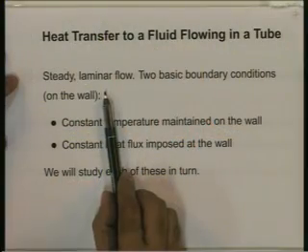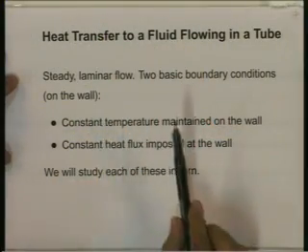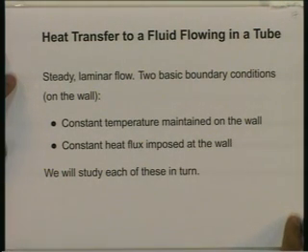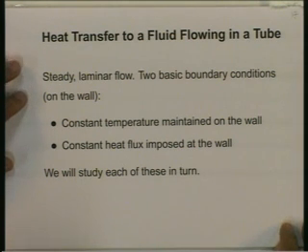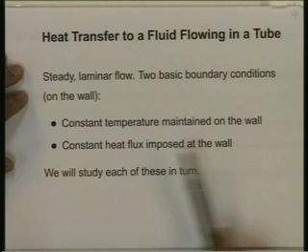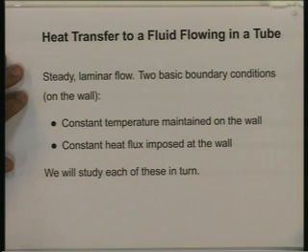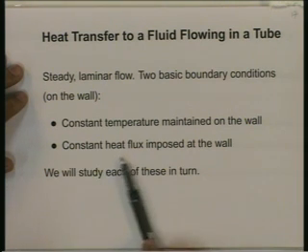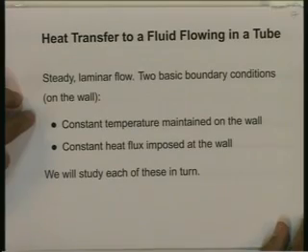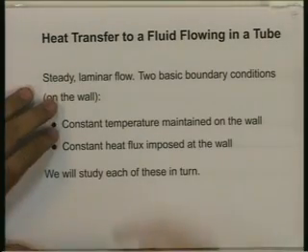We will consider steady laminar flow, and we will consider two situations represented by two basic thermal boundary conditions on the wall. One is if the wall is maintained at a constant temperature, and the other when the wall is exposed to a constant heat flux. This happens, and it's a good approximation, if the wall is directly heated by resistive heating or the wall has a heating coil wound over it.